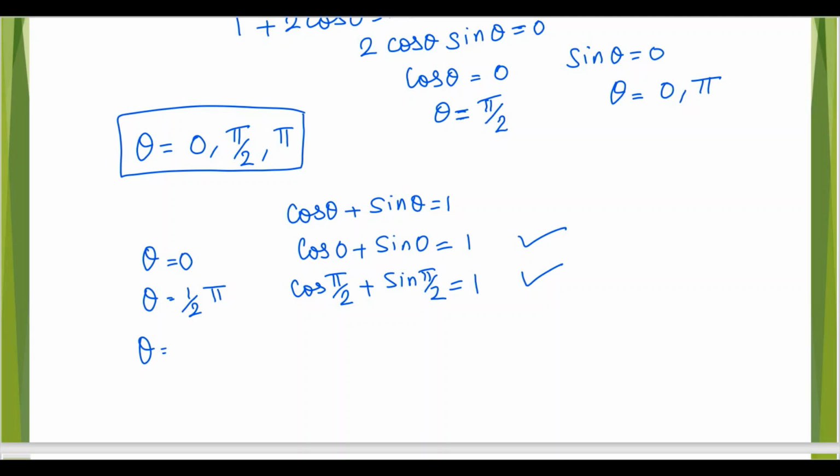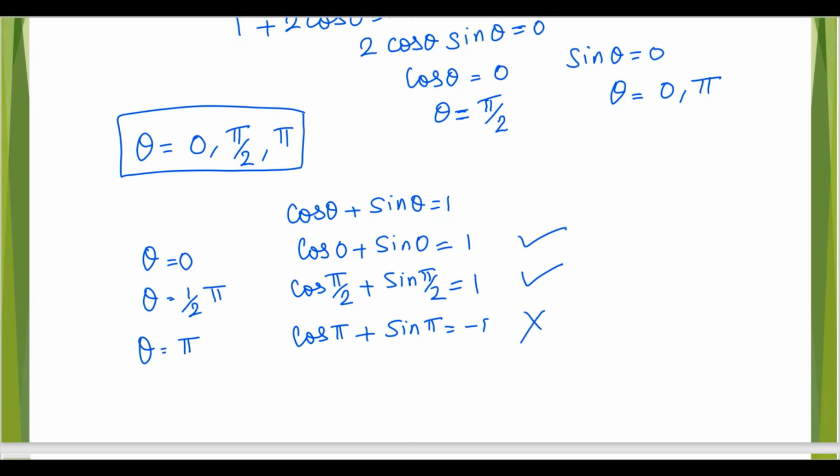And let's take theta equal to pi also. So cos pi plus sine pi. So cos pi is -1 and sine pi is 0. So we will get -1. So this is not a solution.